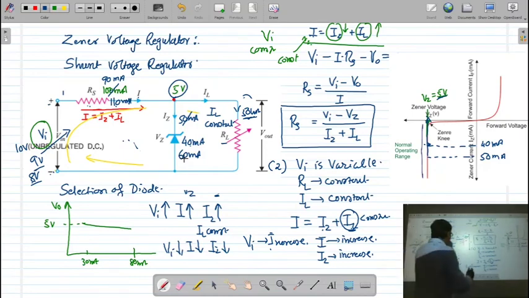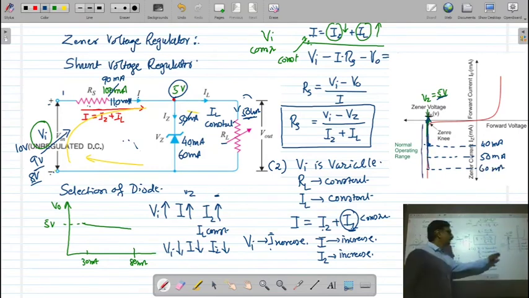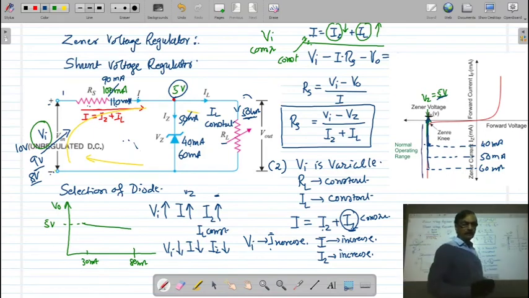For a 60 milliampere zener current, again the zener is 5 volt. So in this way, if my input voltage increases or decreases, accordingly the zener current will increase and decrease, and the voltage across the zener will always remain constant.